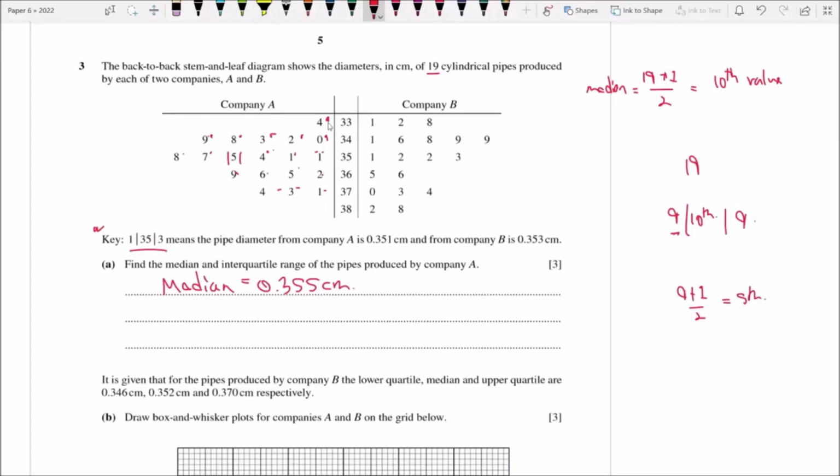So this is the first, second, third, fourth, and this is our 5th value over here. This is my Q1. On the other hand, we have 1 2 3 4 5. This is our 5th value. So that's our Q3. So the IQR, the interquartile range, is Q3 minus Q1, which is 0.366 centimeter minus 0.348 centimeter.